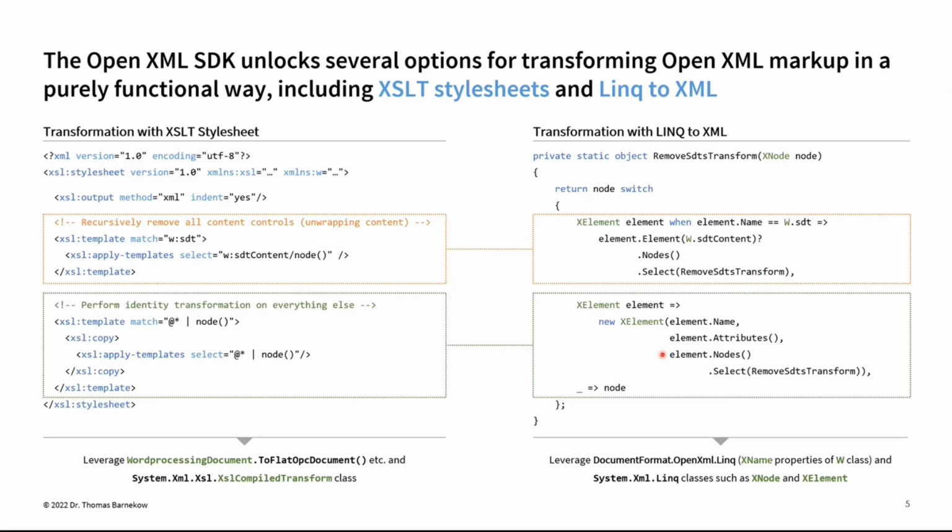The thing at the bottom is nothing else than the identity transformation, which takes the element, creates a new one with the same name, the same attributes, and a set of nodes that are transformed by the exact same function. This is why it is called a pure functional recursive transformation. So this is what you can do in C# very easily.